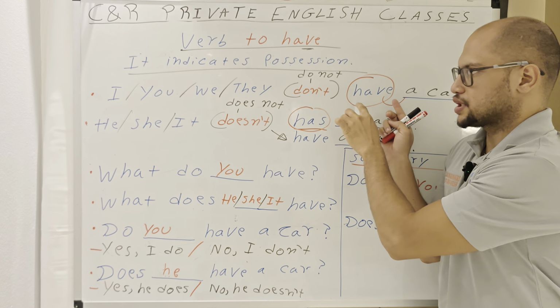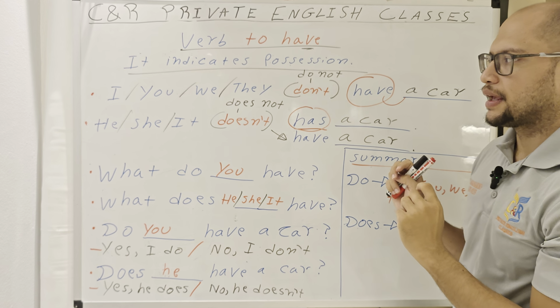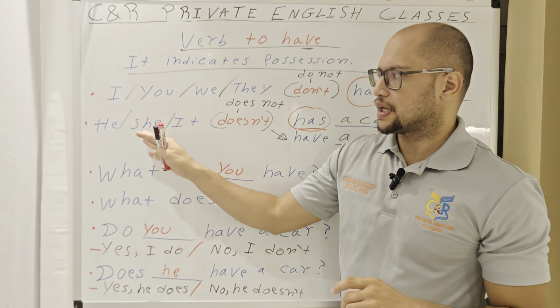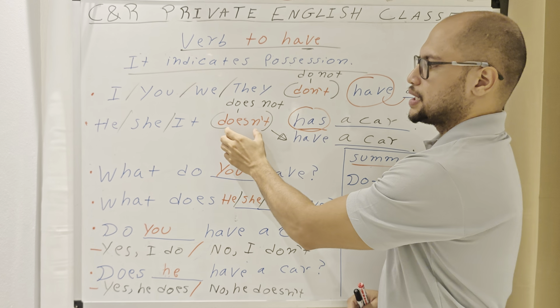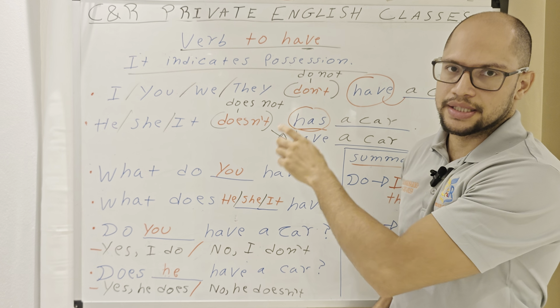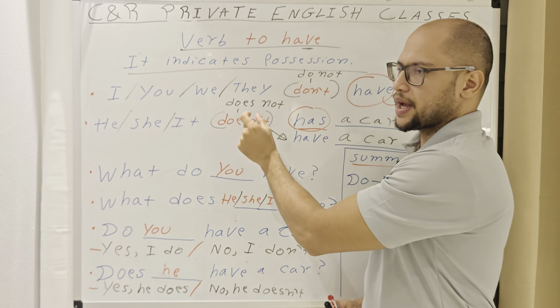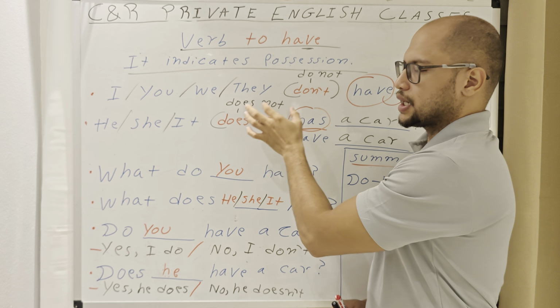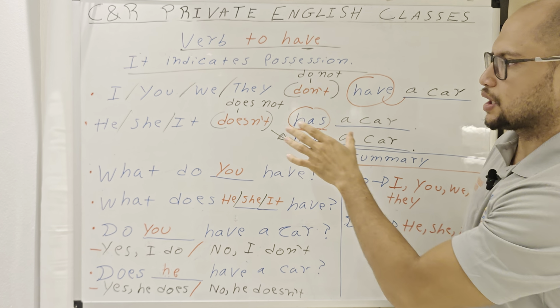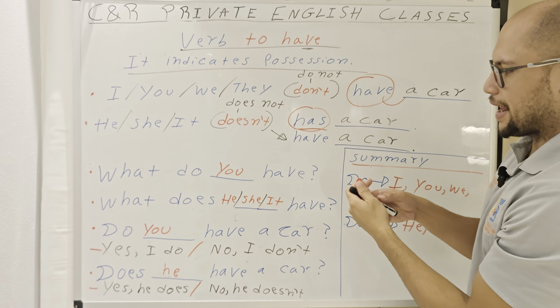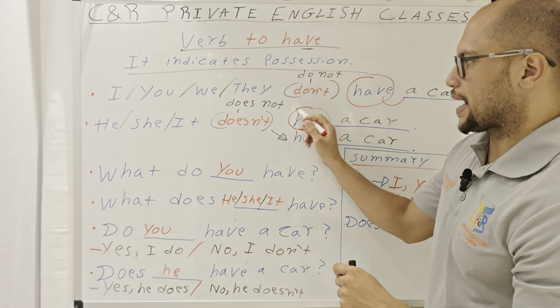So don't before have. And then when you have he, she, it, you're going to use doesn't. Remember that doesn't is the contraction for does not. So he doesn't. Now here you are not going to use has.